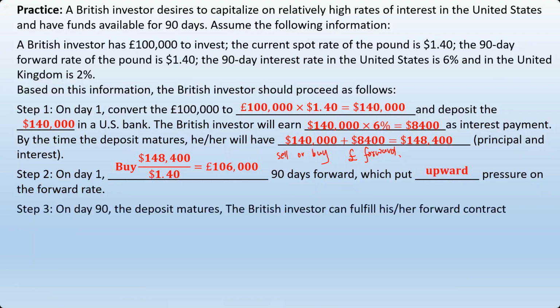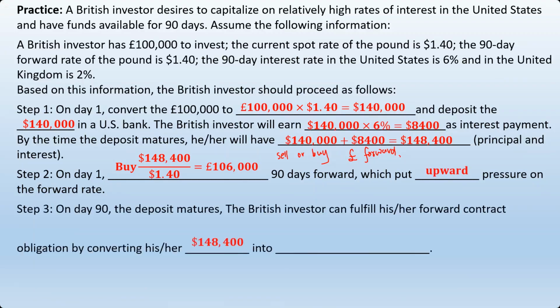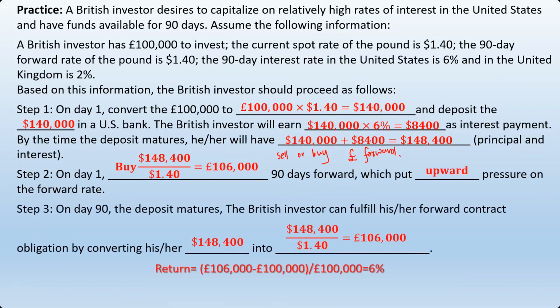So when the 90-day deposit matures, they fulfill their obligation by selling US dollars and converting them into British pounds at the forward rate. So it will be the US dollar amount divided by 1.4, that's the forward rate. So it will be 106,000 British pounds.